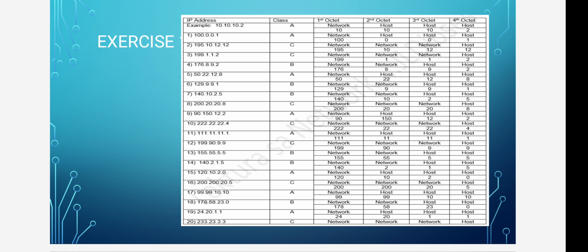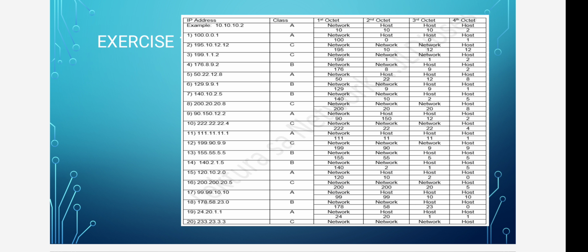As we go on, we are going to number 4, because it is a class B. In class B, we have the range of 128 to 191. 176 is between 128 to 191.